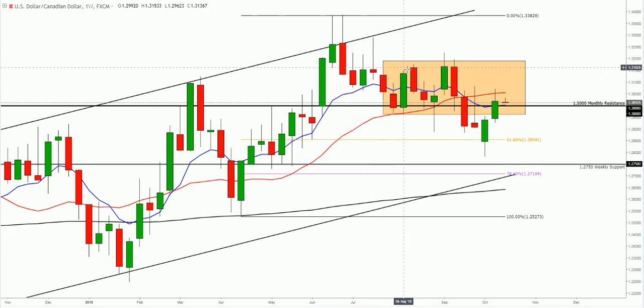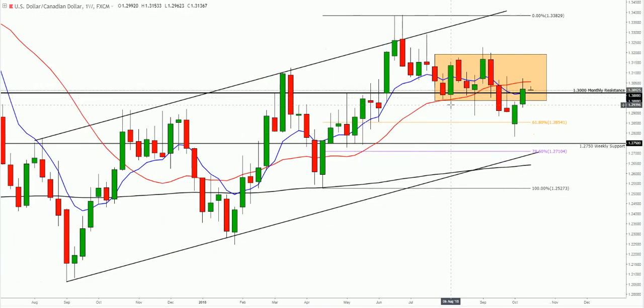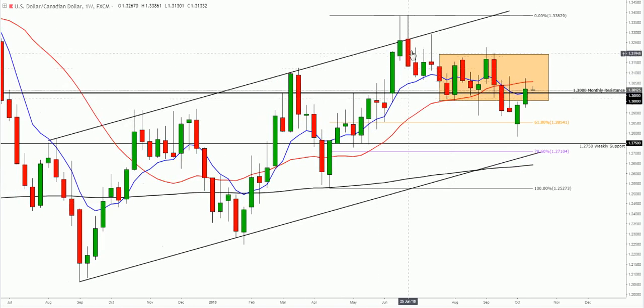If we're looking on a weekly time frame, it is a bit choppy right now. We did have that gap lower, which you could take as a lower low. However, with gaps in the market, they are quite difficult to analyze, and I often disregard them.